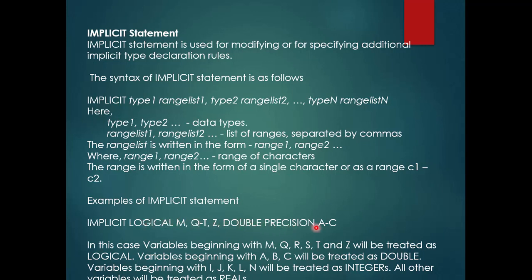While there is double precision, a to c, a dash c means a, b, c, while q dash t means q, r, s, t. So m, q, r, s, t, z are considered as logical, while a, b, c are considered as double precision.